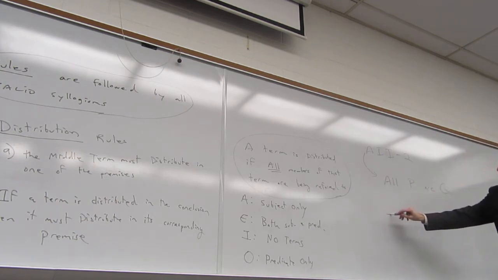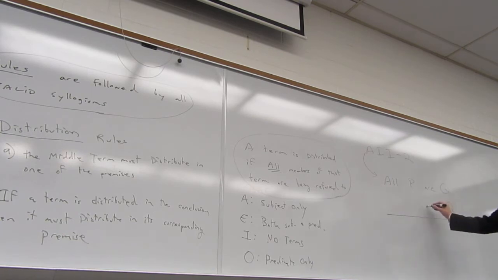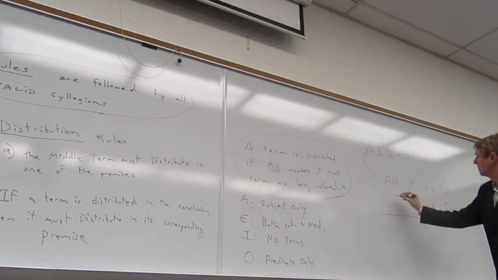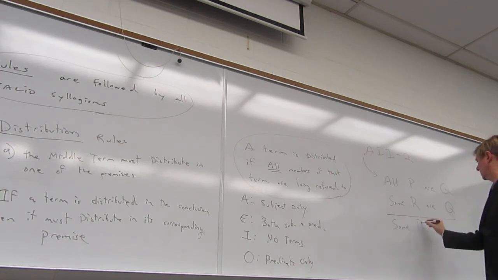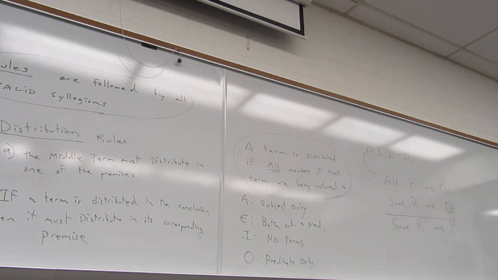If I'm writing out the AII2 syllogism, what comes next? If it's 2, my predicates have got to be the conclusion. There you go.